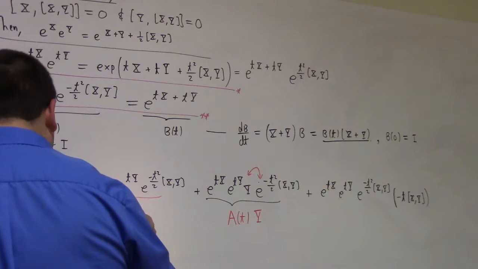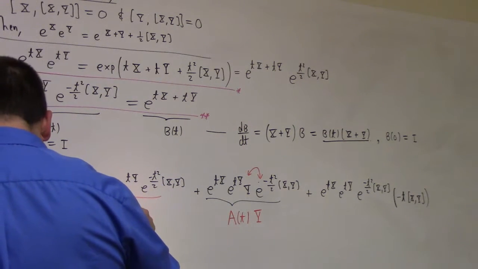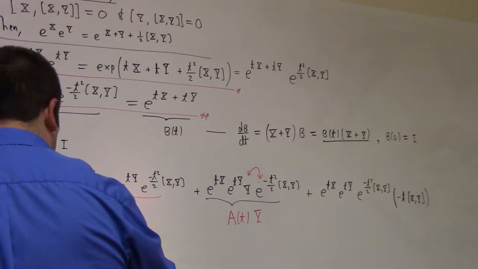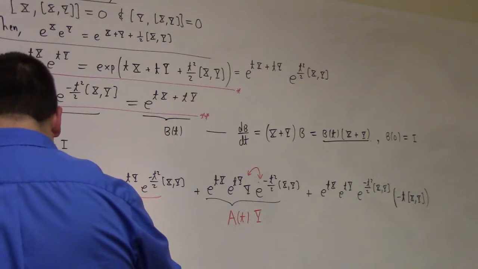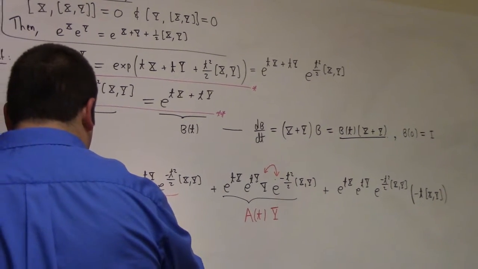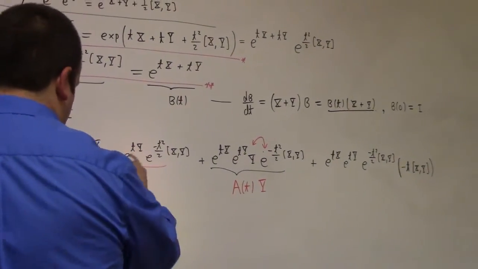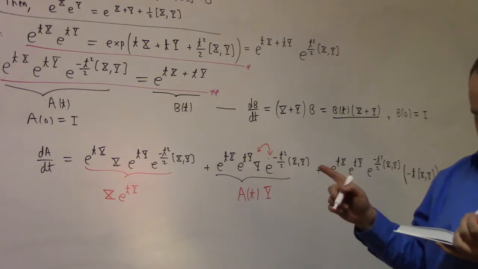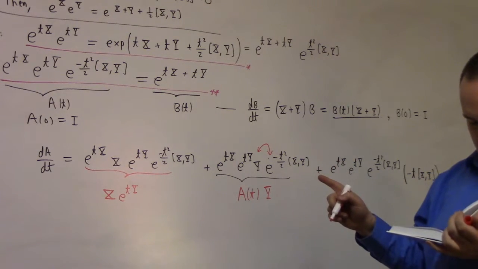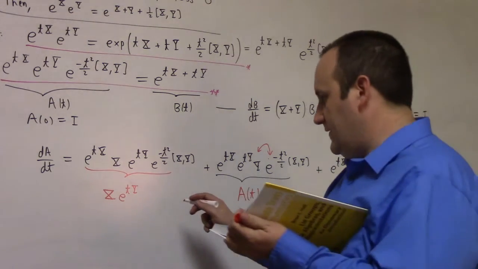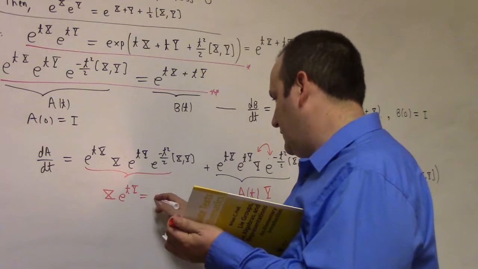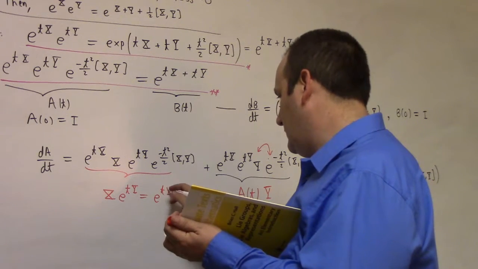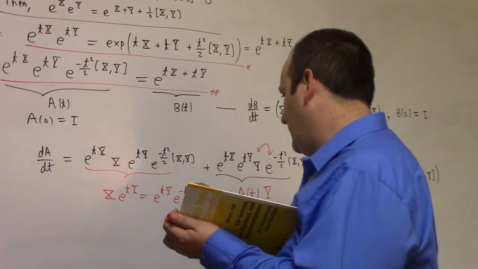So he points out here, and this isn't directly useful yet, that if you have x e^(ty), I'm just saying it's useful for that. Then he's like, okay, so what you can do is add in the identity.